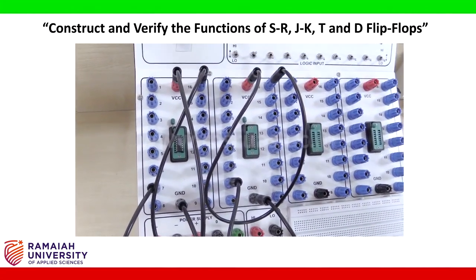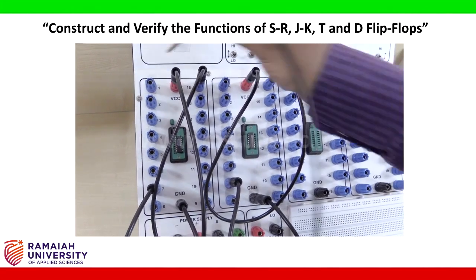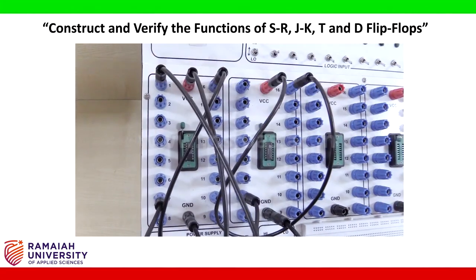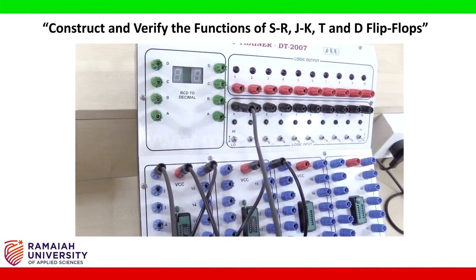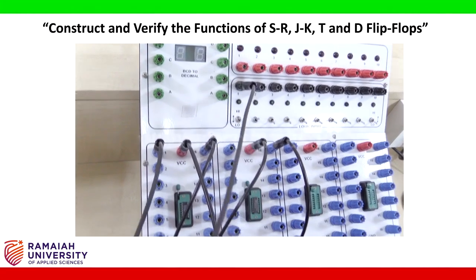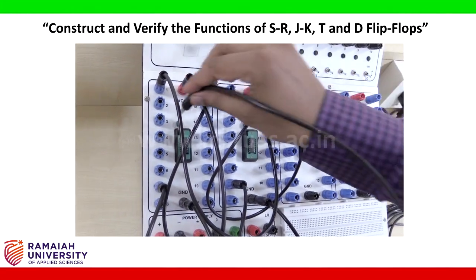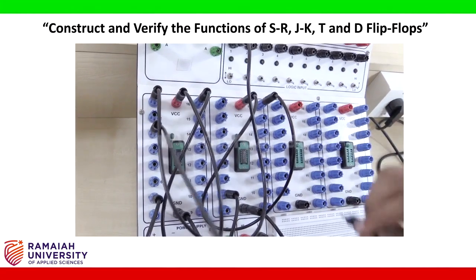And here, as per the logic diagram, pin number 1 represents the input, that is the T input. It has only one input, that is the T input. I have connected it here. Then pin number 3 and pin number 13 are shorted.